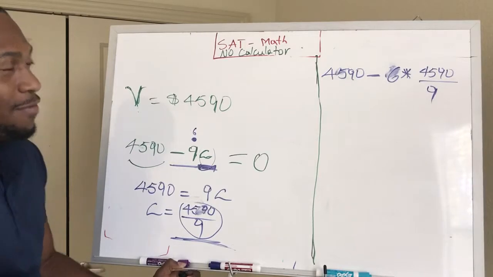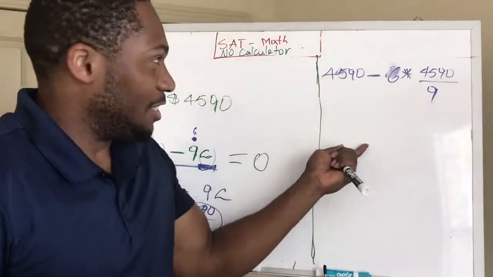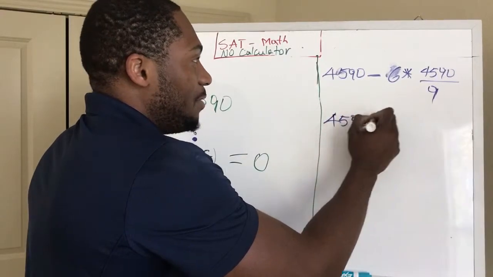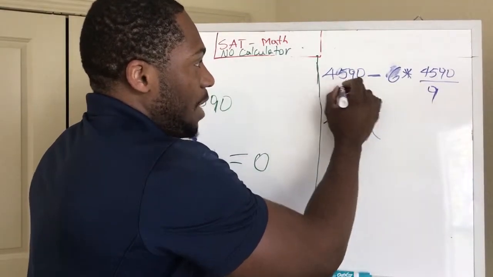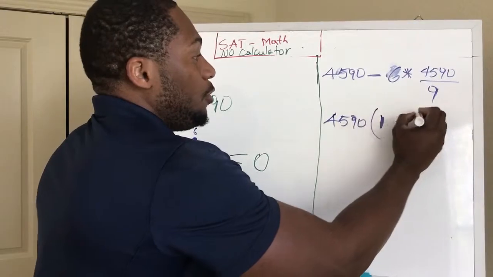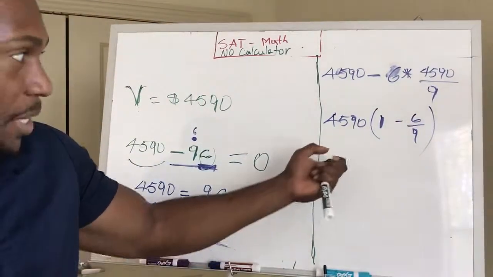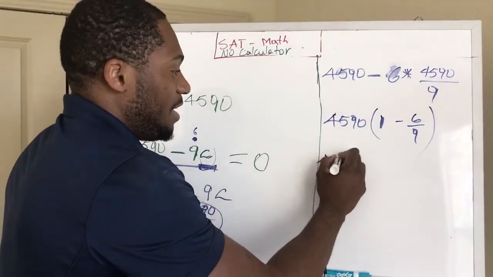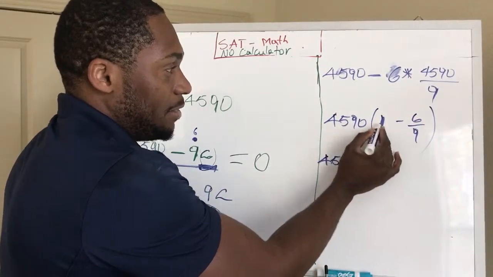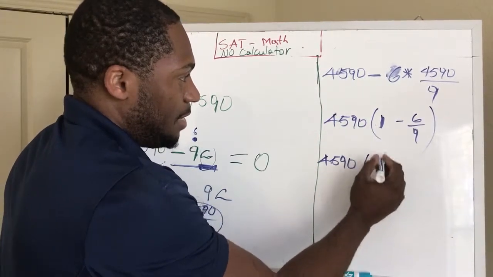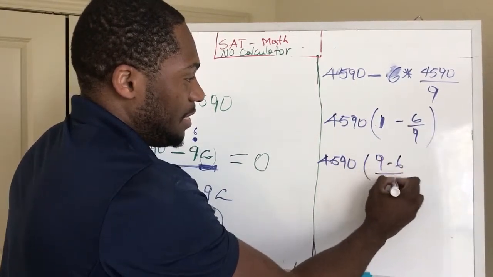If you want to solve this, there are different ways you can do it. You can factor out 4,590, and then here you'd have a 1 and here you'd have 6 over 9. So we can do it that way. When you factor 4,590 out, you have 1, which is 9 over 9, minus 6 over 9.